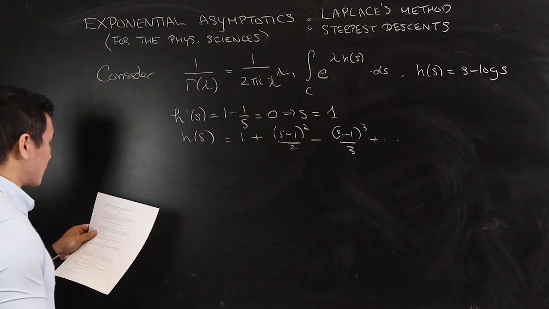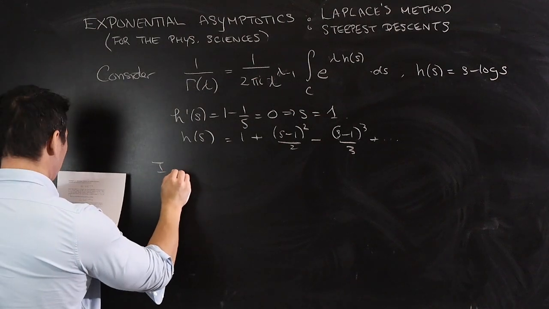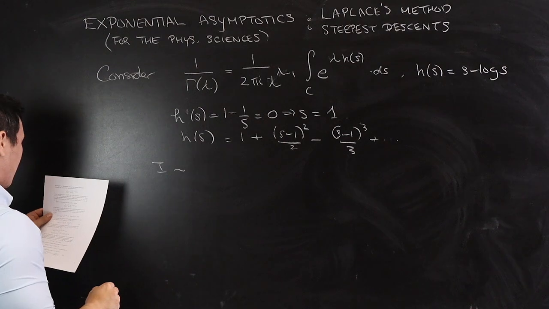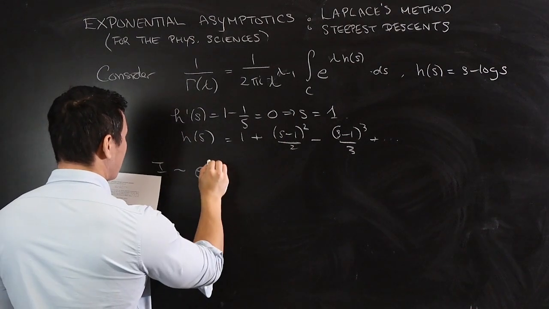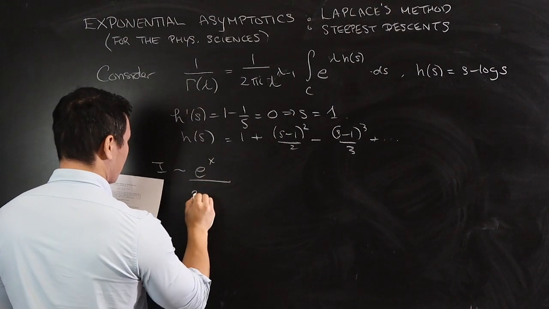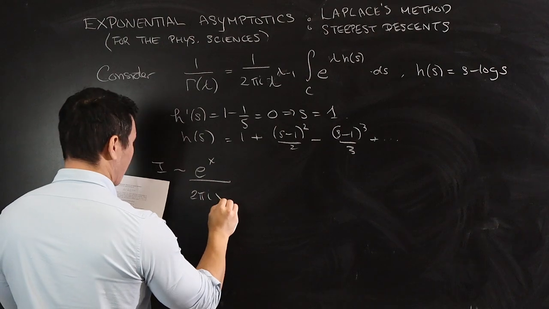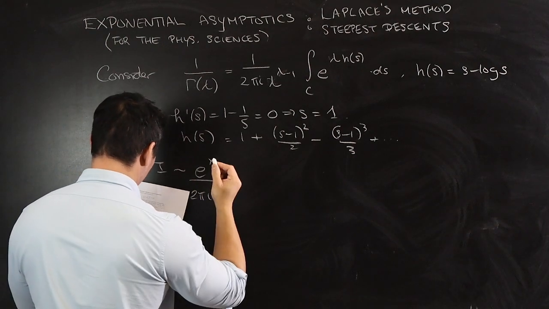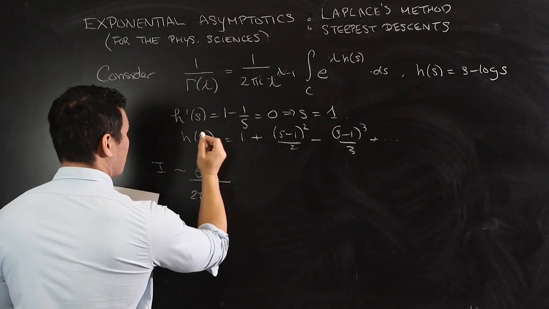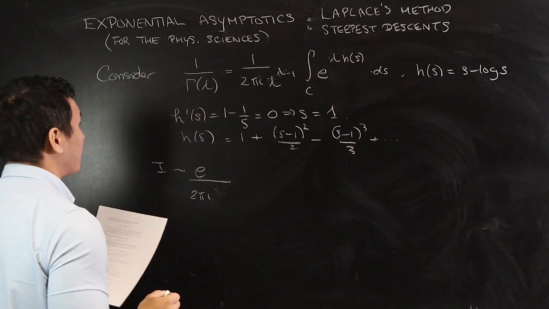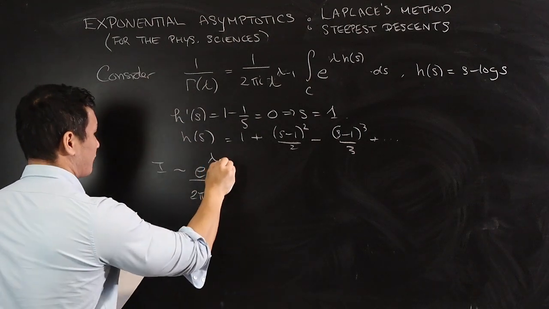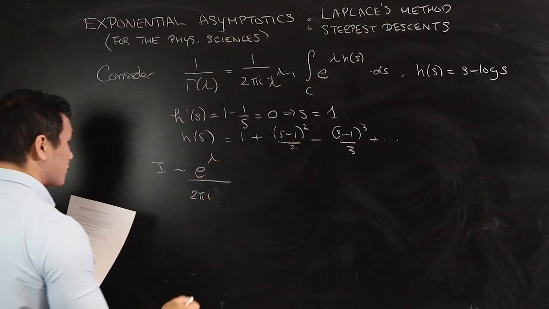And if you put that into the integral, then the integral gets the following form. It's e to the lambda over 2 pi i, lambda to the lambda minus 1. I'm sorry, every time there's an x, it should rather be lambda. I need to correct that in the notes.